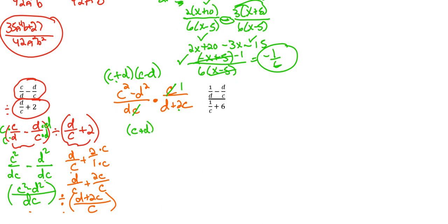C plus D, sorry, and C minus D. Again, I don't need the times 1 because it won't change anything. And then on the bottom, I have D times D plus 2C. This would be my final answer.